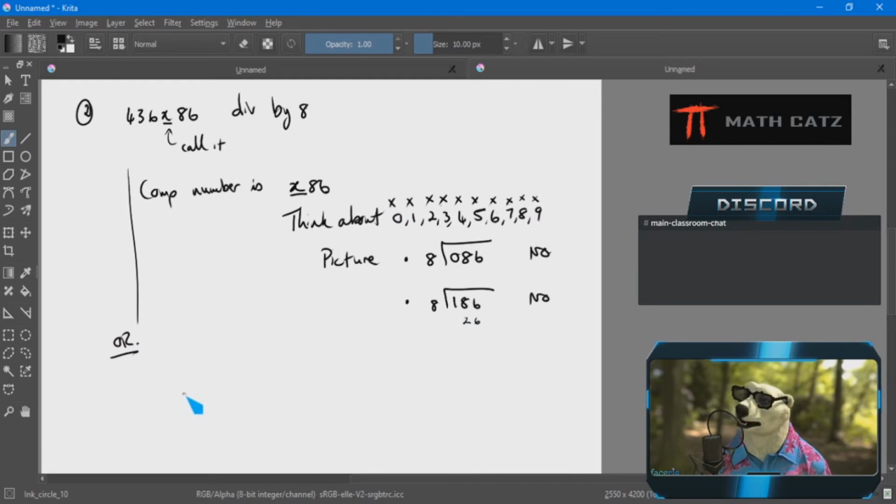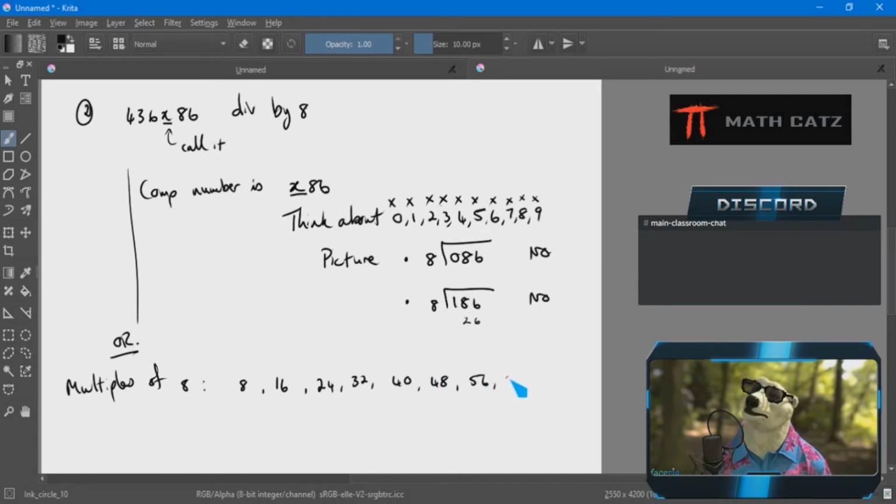Or we can look at multiples of 8. This doesn't always work, which is why I didn't want to do that from the start. Multiples of 8. I have 8, I have 16, I have 24, 32, 40, 48, I'll do a couple, 56, 64, 72, let's do one more, 80.